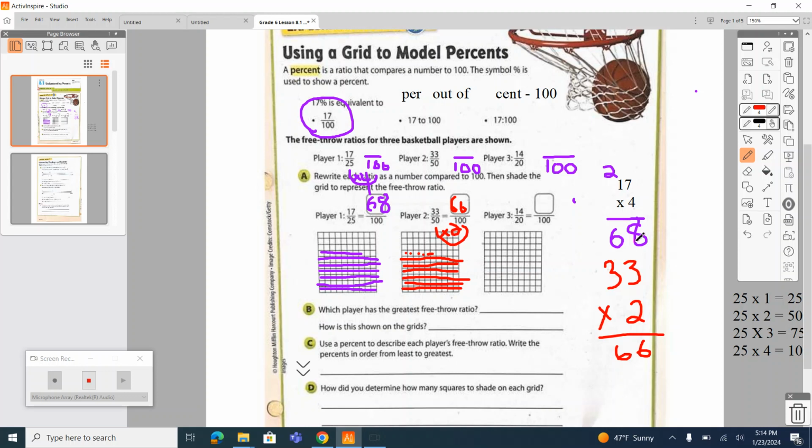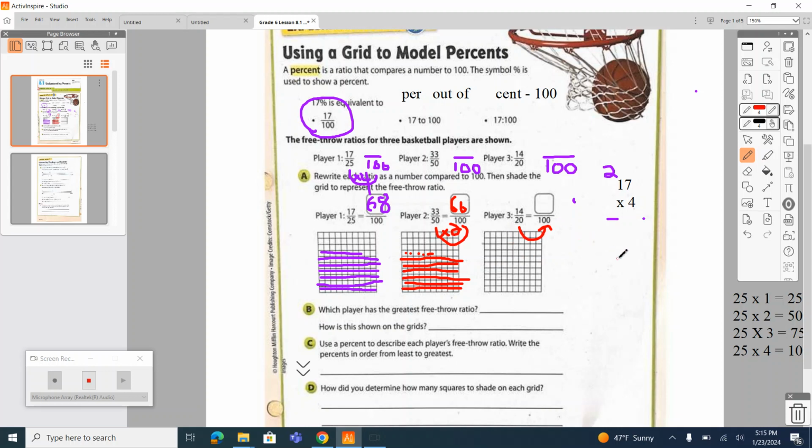I'm going to erase some of this work that I've done over here. And now I need to figure out how 20 times what is 100. So maybe I have to do some guess and check. I would look at the first digit over here is 2, divide into 10. And I know that 2 goes into 10 5 times.